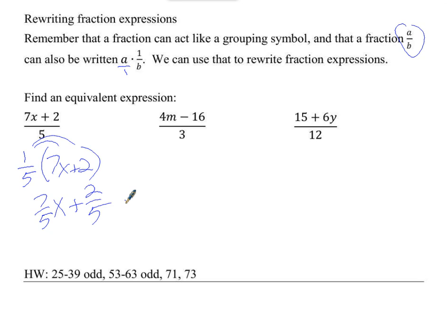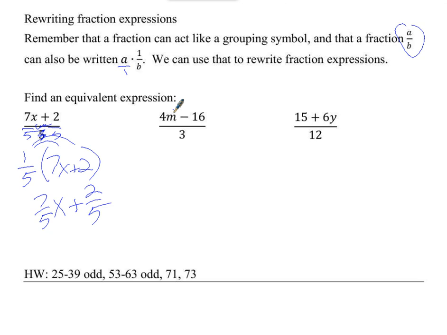If you notice what kind of happened here is it's almost like I just took this fraction bar right here and I split it into two separate fractions. So I'm getting rid of that fraction bar and I'm putting the 5 under each one separately. You can kind of think of that as being what happened there, okay? But in reality, the math that happened is we moved that out so it would be a 1/5 times, and then we use the distributive property to bring that back in. So this would be a shortcut of the actual math that's going on.